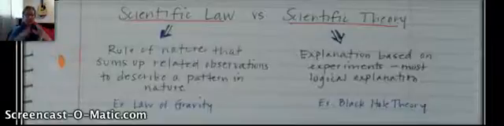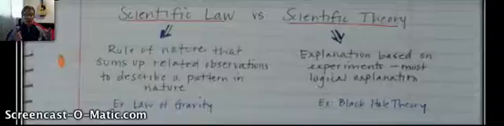We have to figure this out in order to get there. So, for example, we have the black hole theory. A black hole, we know what it is, we know what happens, but we are still figuring out the how and the why. That's why it's a theory. It deals more with the how and the why rather than the actual what happens.